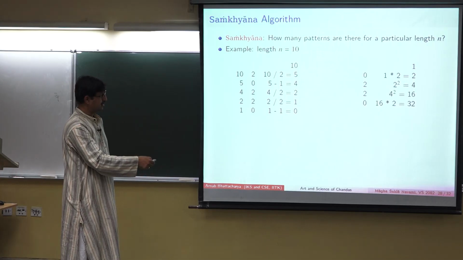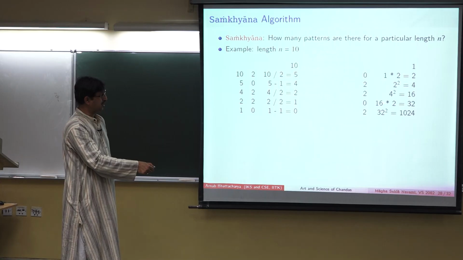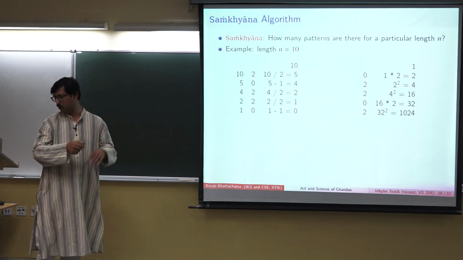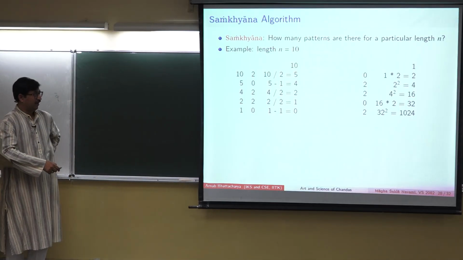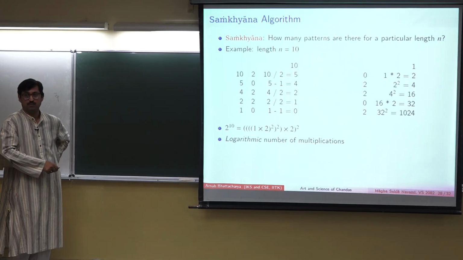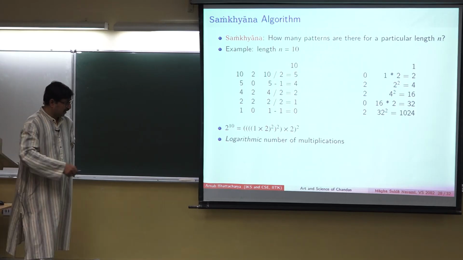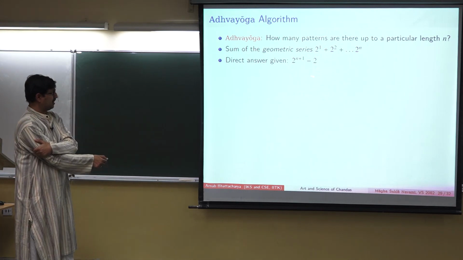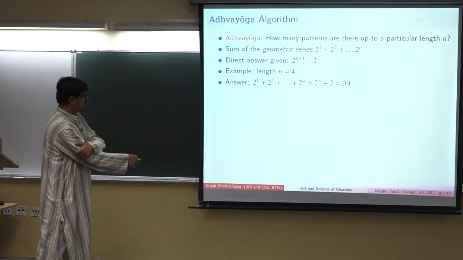So how many? 1, 2, 3, 4, 5. 5 computations instead of 9 computations. Right? So essentially writing it down this way, this is the logarithmic number. Correct? All right. And the last one is the direct answer, just adding them up and computing it.